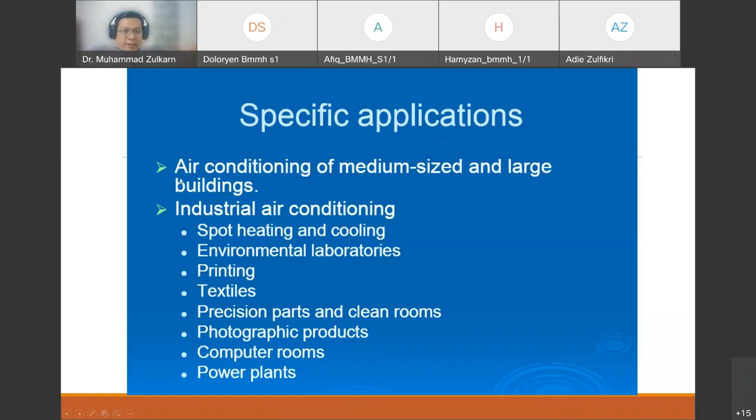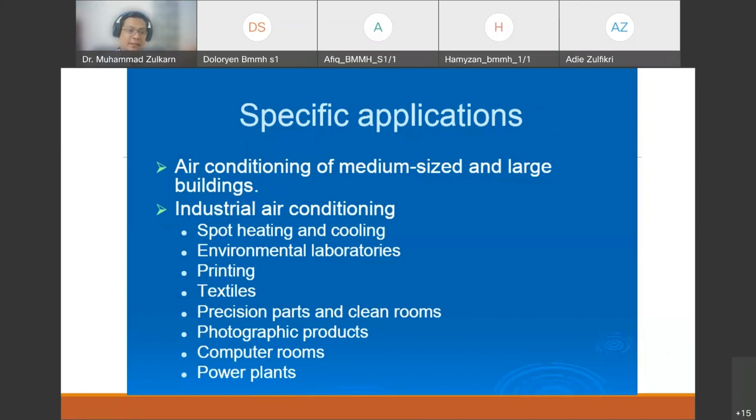Maybe you can get some ideas from this: air conditioning, medium size and large building. I think the project is not so complicated, so you had better choose a small type of HVAC system or refrigeration.